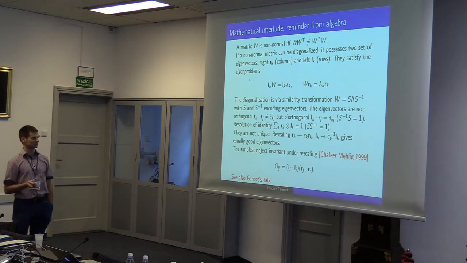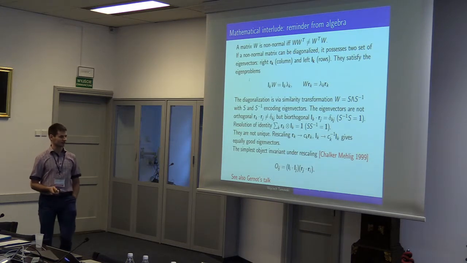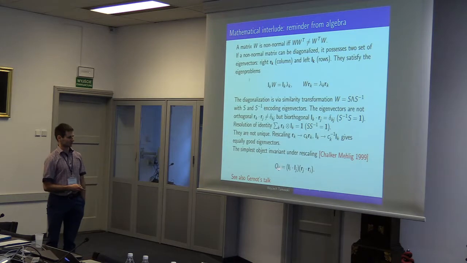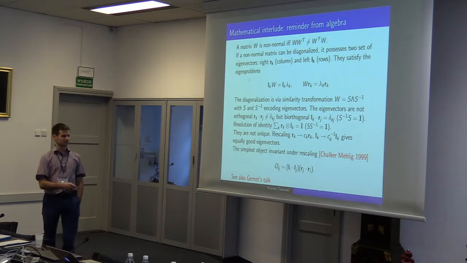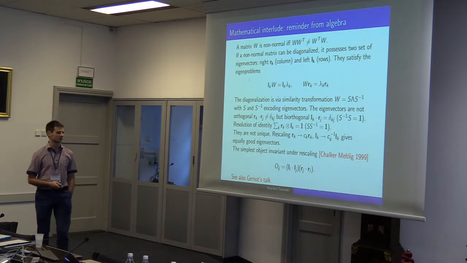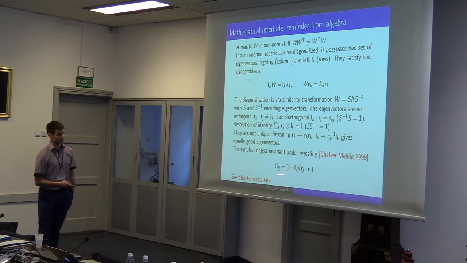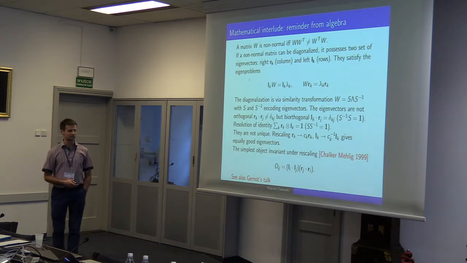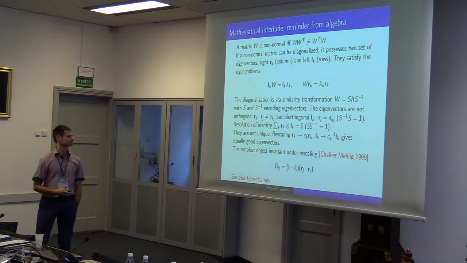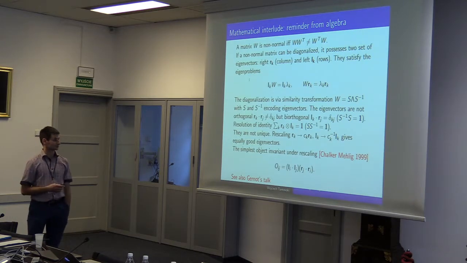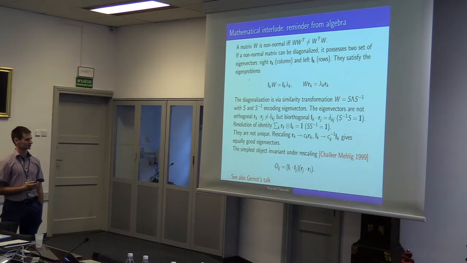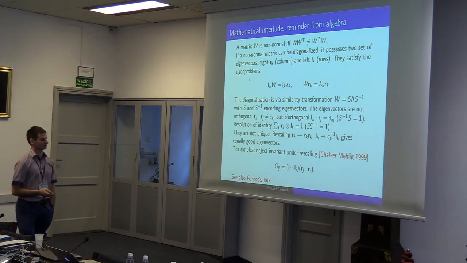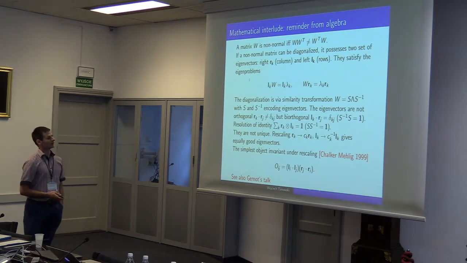So the simplest possible object is a certain matrix of scalar products between left eigenvectors and right eigenvectors, and this is indeed invariant under this rescaling. And this object will also be a topic of Gernot Akemann's talk, and so he will tell about some beautiful mathematical properties of this matrix.